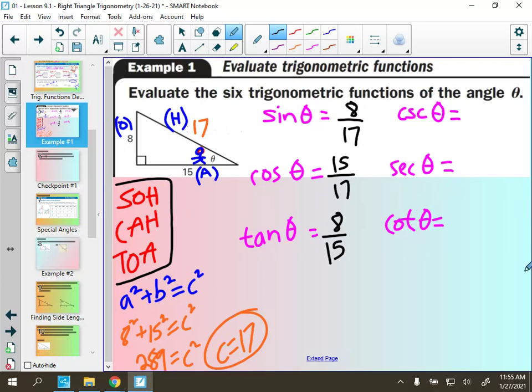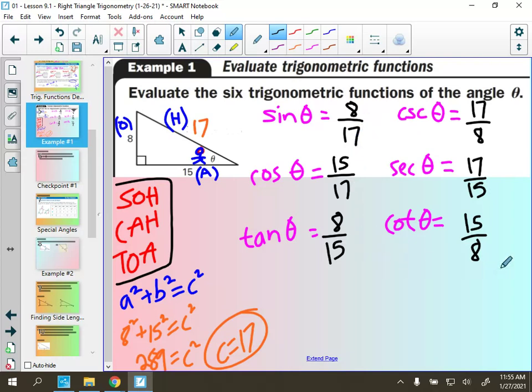All I need to do is literally flip every one of these over to say it has a cosecant ratio of 17/8, a secant ratio of 17/15, and a cotangent ratio of 15/8. We can leave them like that. With a 17 in there, a prime number, nothing is going to reduce.